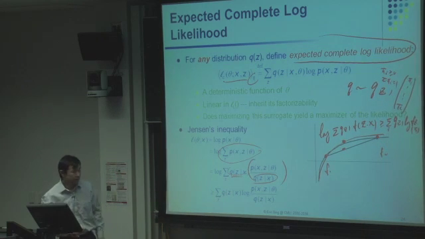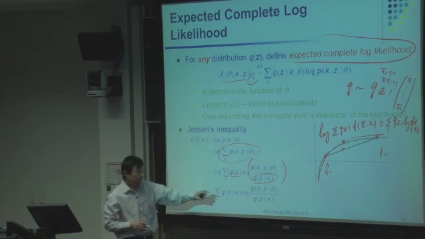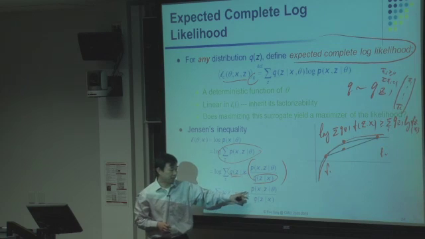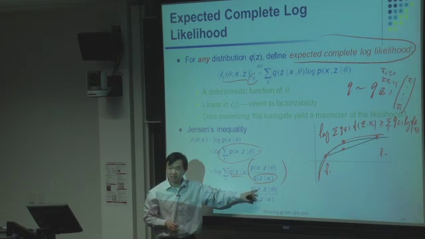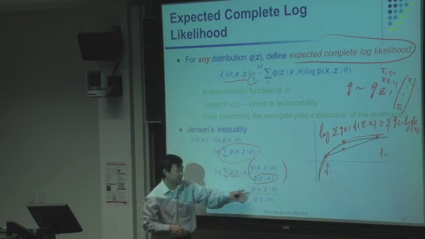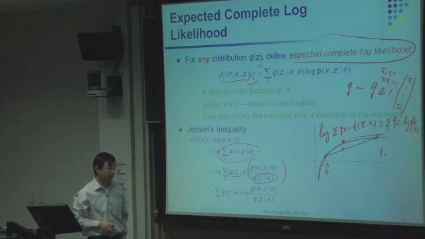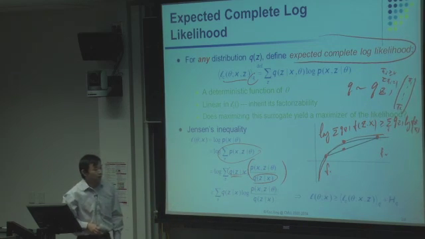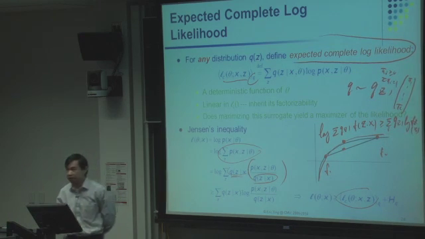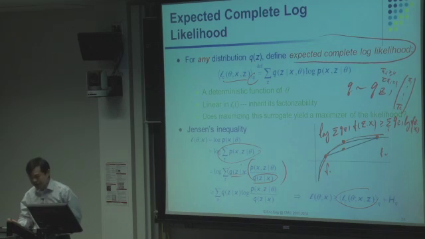So what's the big deal of that? The big deal is that now inside the log, you have not the likelihood of data. Instead, you have the complete likelihood of data inside the log. That's a very, very important move, because if you have the sum inside that, you lose the factorizability. We're going to now call the first term the expected complete log likelihood.